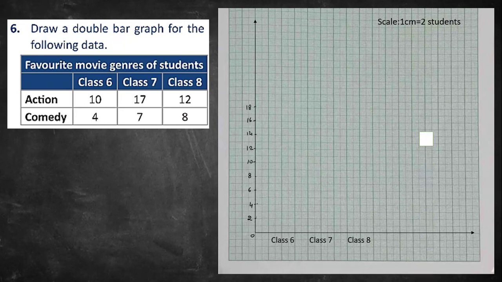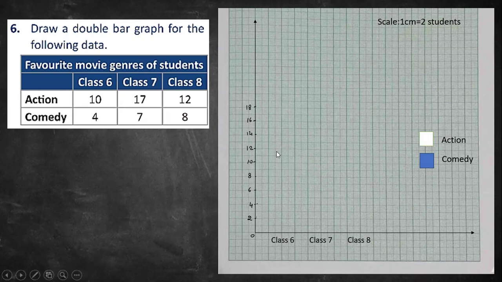Now, as you have to draw a double bar graph, action and comedy, two things, how will you identify which one is which? For that I need to mention here that the white bar represents action, and the blue bar represents comedy. Okay, so now let's start.